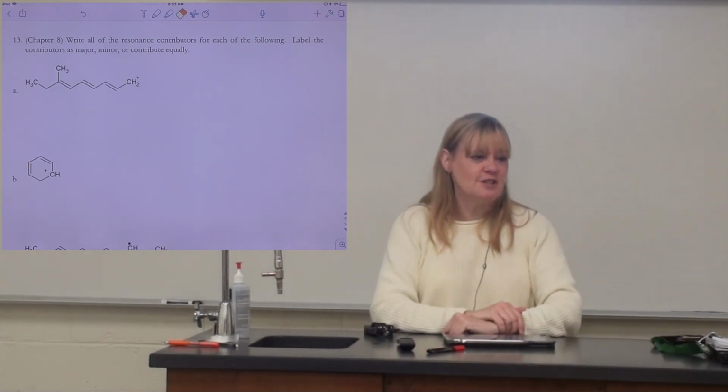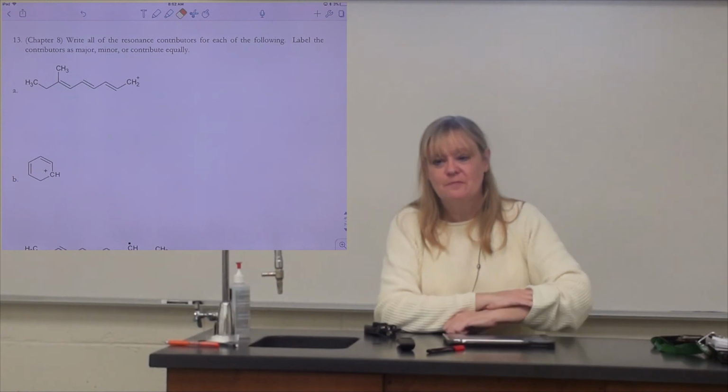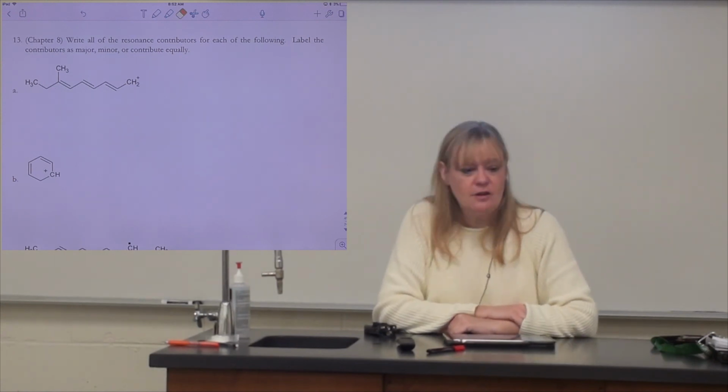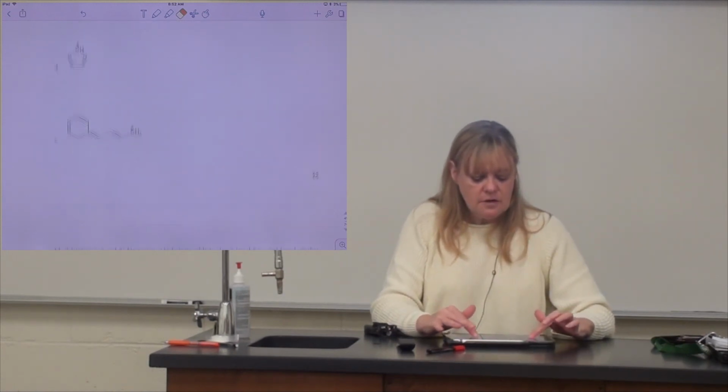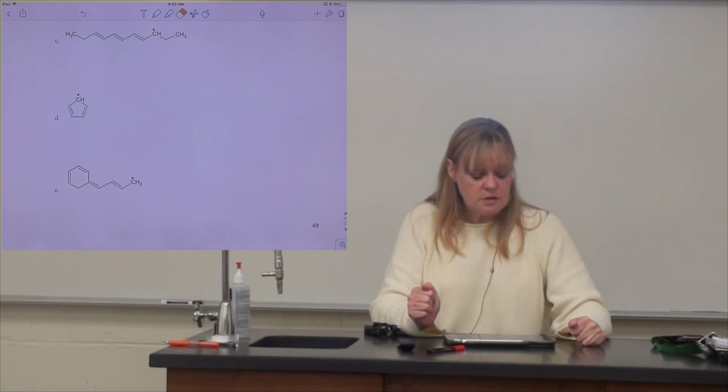You're just looking at stability, just the way you've been doing before. If they were all secondary, then they all contribute equally. Anyway, take a crack at that and see if you can come up with all the resonance contributors.